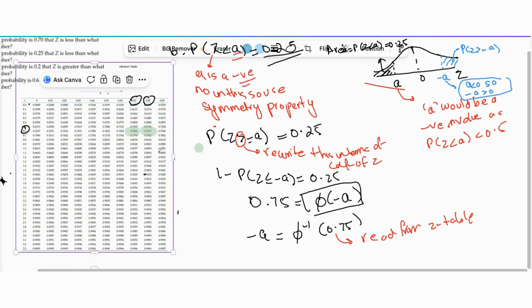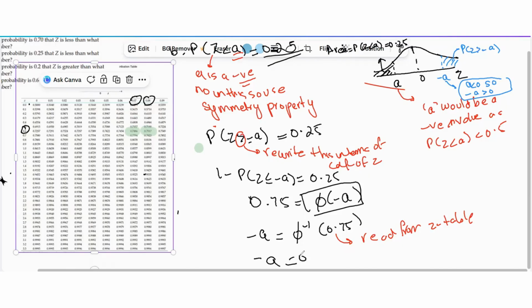If they both are equidistant to 0.75, we'll take an average of these two Z values. If one is closer, then we'll take the one that is closer. In this case, 0.7486 is closer to 0.75 than 0.7517. So we're going to take the Z value associated with 0.7486, which is 0.67.